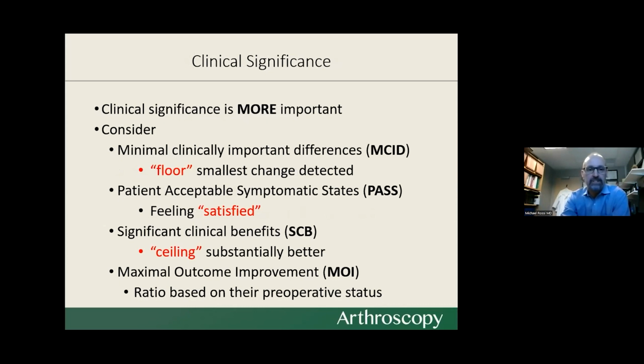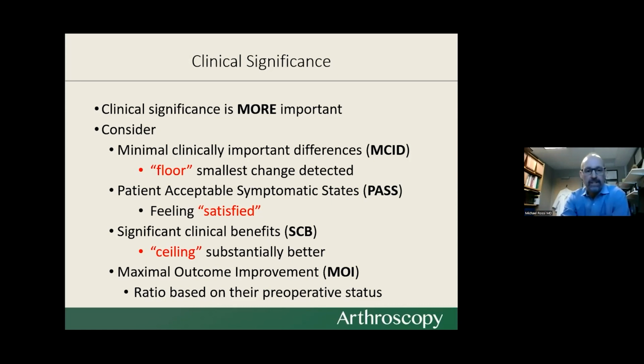We need to consider MCID, minimally clinically important difference, which is the floor or the smallest change detected by patients. The PASS, the patient acceptable symptomatic state, is the feeling of being satisfied. Another benchmark, which is slightly higher, is SCB, significant clinical benefit, or the ceiling of feeling substantially better.